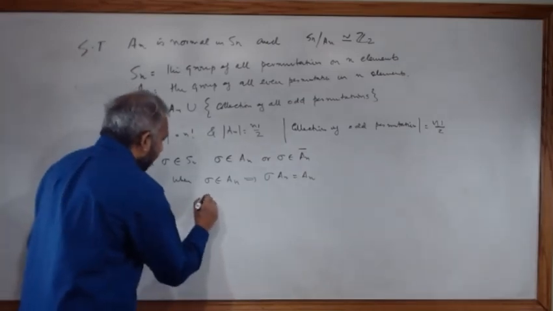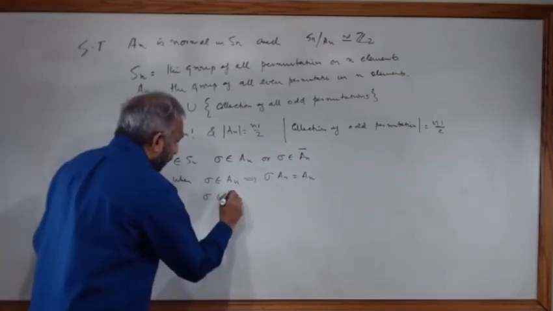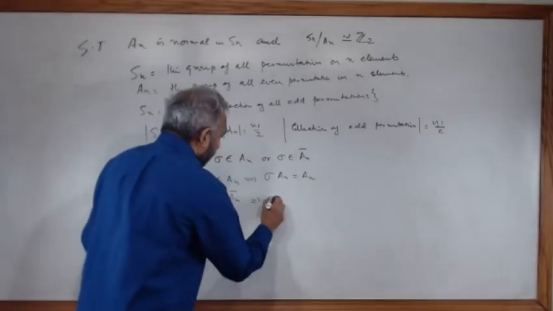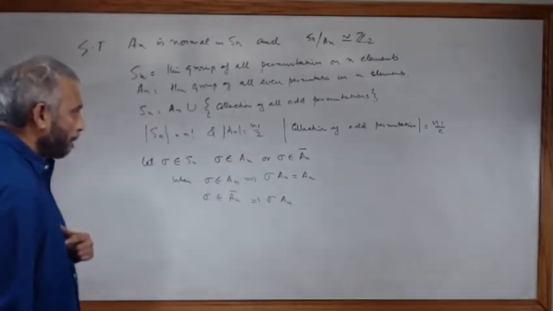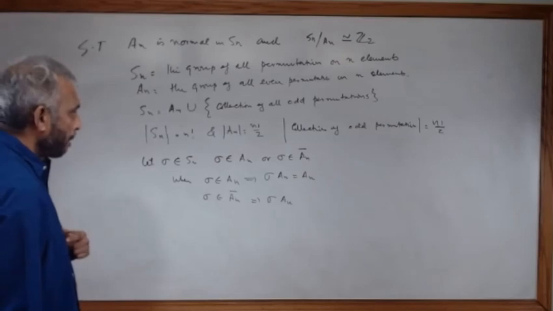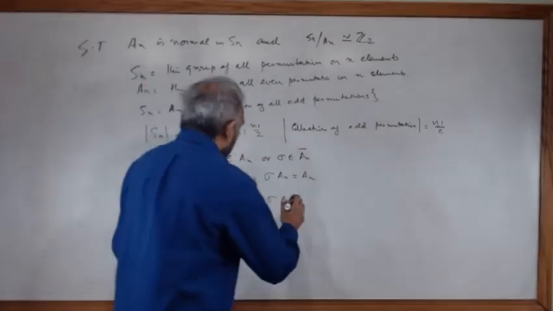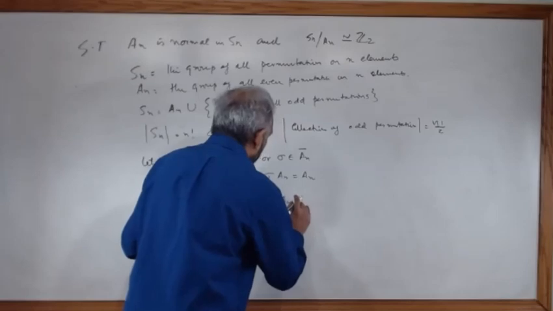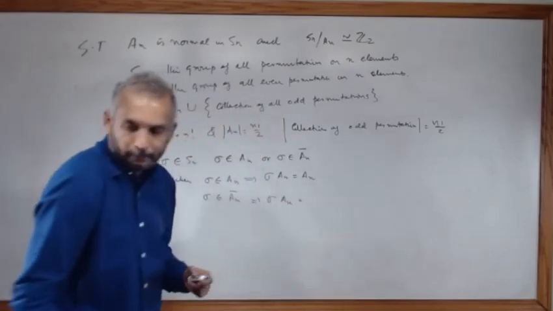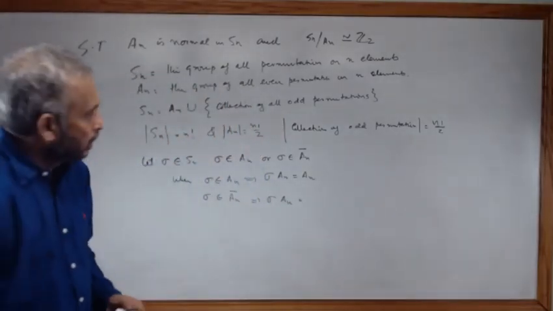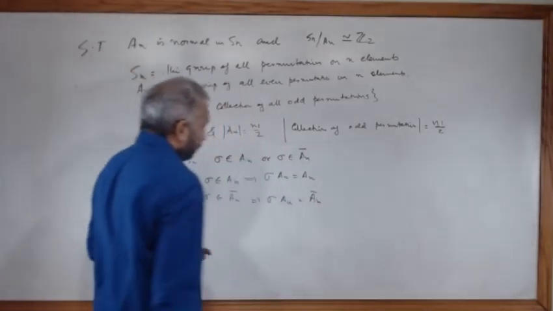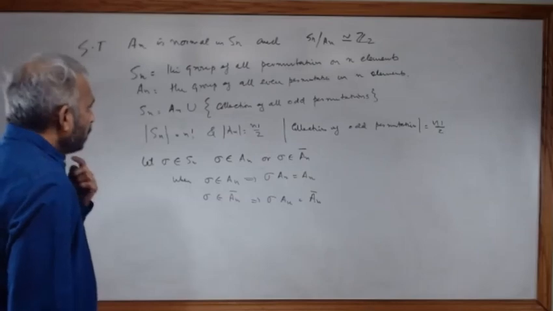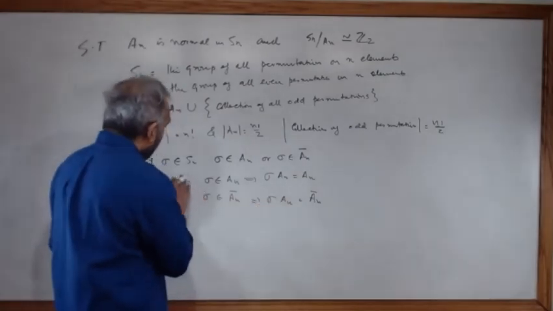Or when sigma belongs to An complement, then sigma An is equal to the whole of the odd permutations.